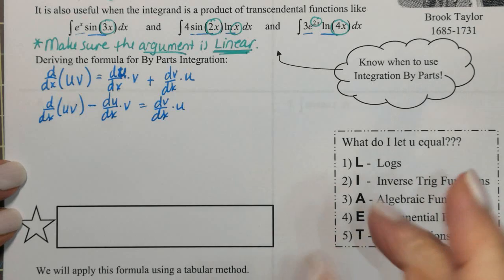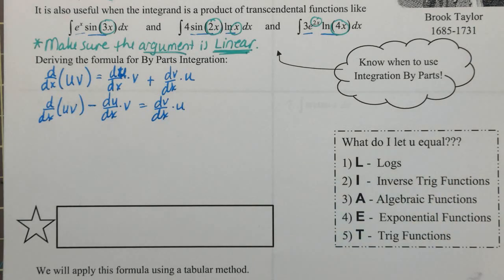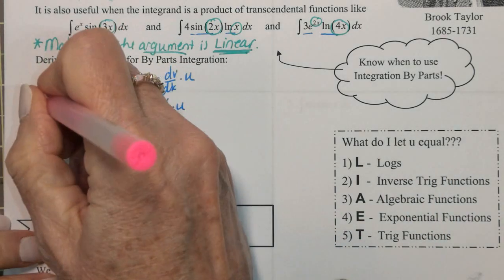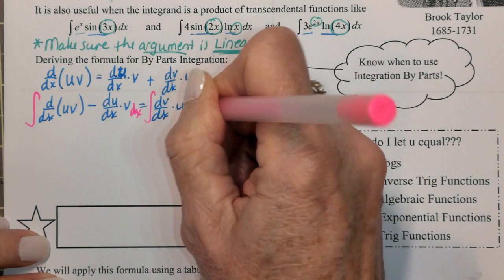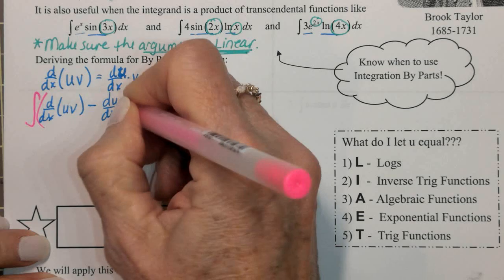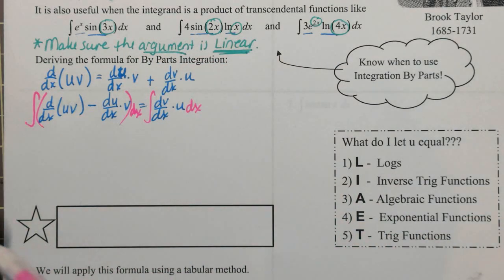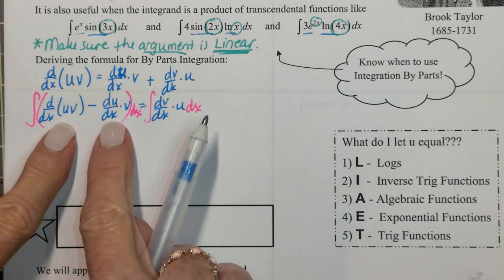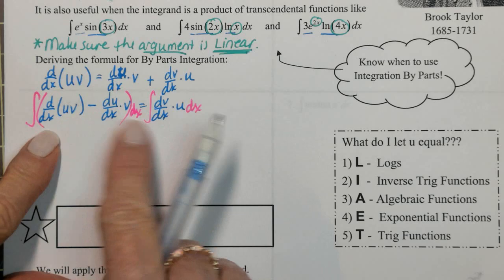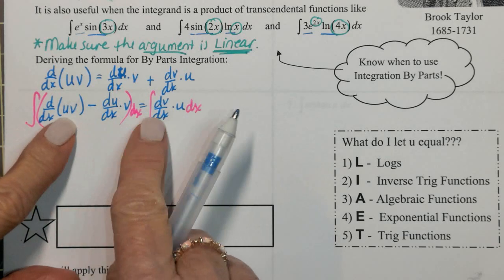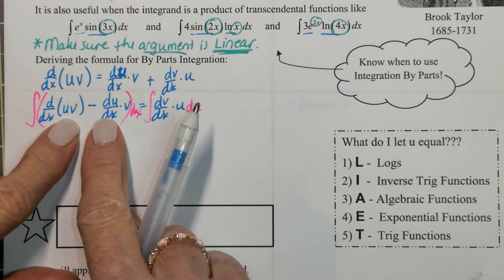Okay? At this point, I'm going to take the integral of both sides with respect to x. Alrighty? So when we're integrating both sides here, since these are two different terms separated by a subtraction sign, I'm just going to take the integral of both pieces individually.